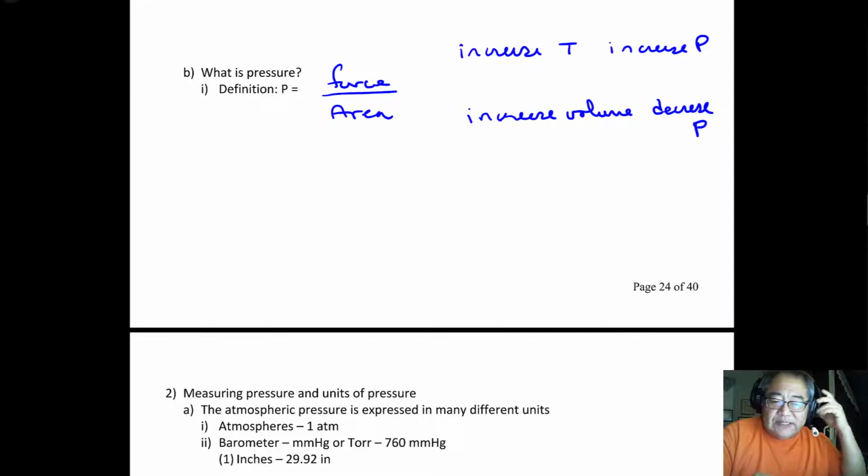Now, another side note, if you're thinking about pressure and what it means: when you stand on your feet all day, your feet get tired. That's because your weight exerts a force, and the area of your feet is what you're feeling the force of. So if you have small feet, you actually feel more force than if you have large feet.